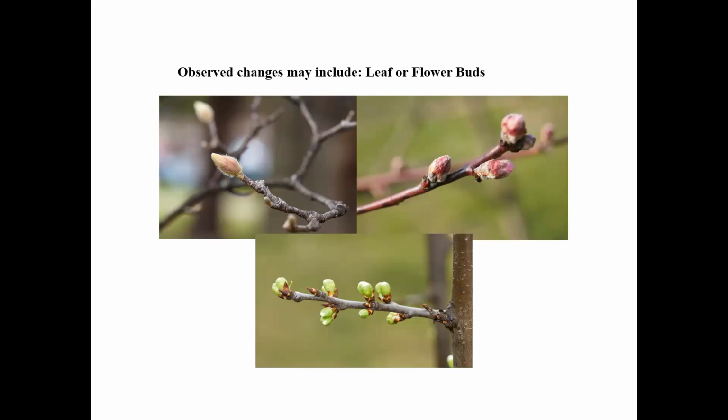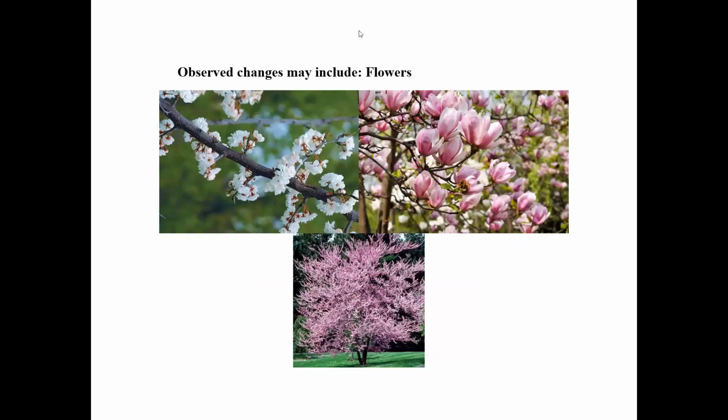If you took a photo of the whole tree, it might be hard to see the buds, right? So just take photos of anything that's changing. If nothing is changing, you can take a photo of the whole tree again. Or if there's a really interesting display that's very observable from far away, like the entire tree is covered in flowers, fine.